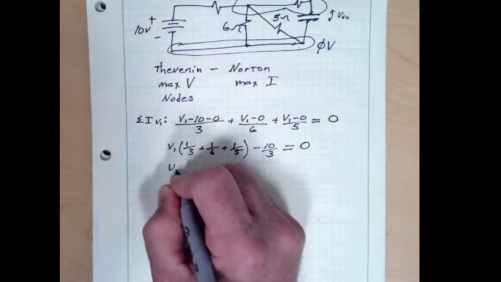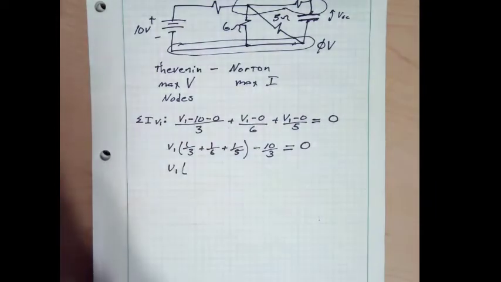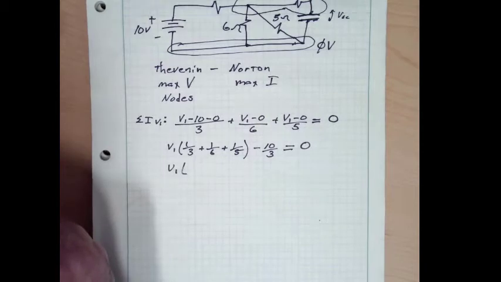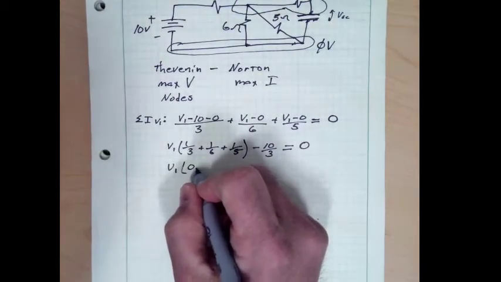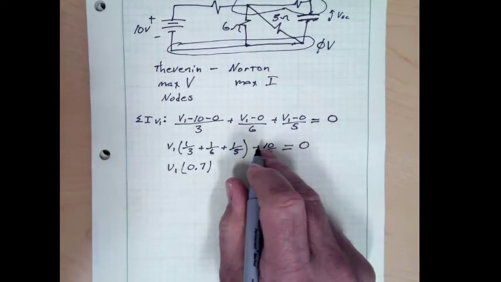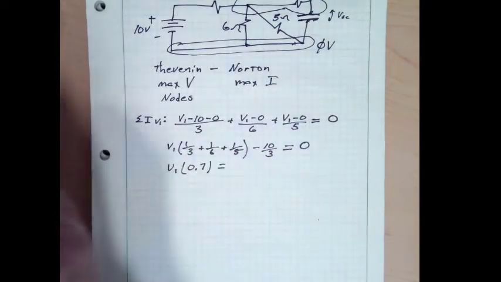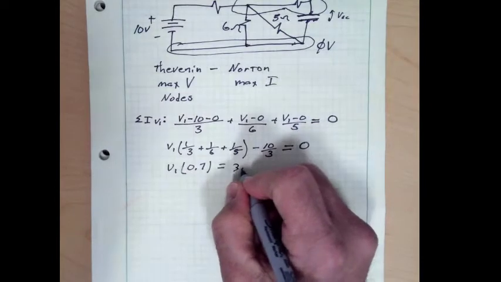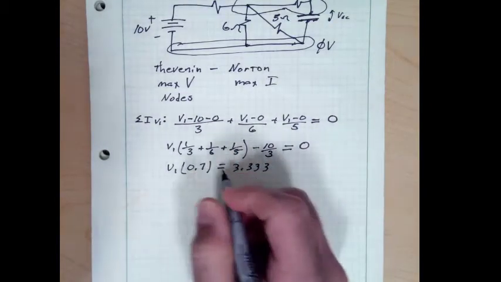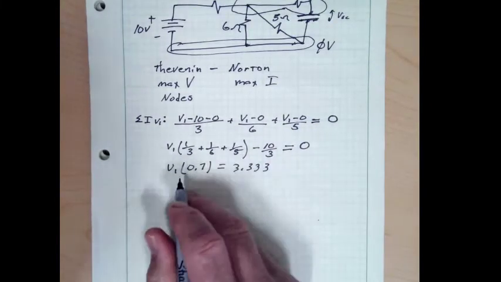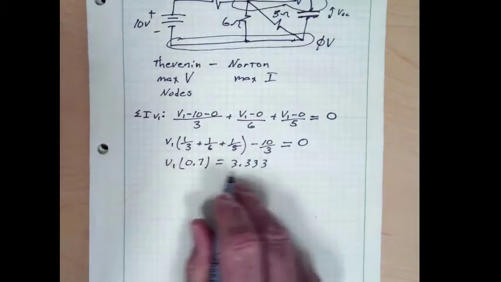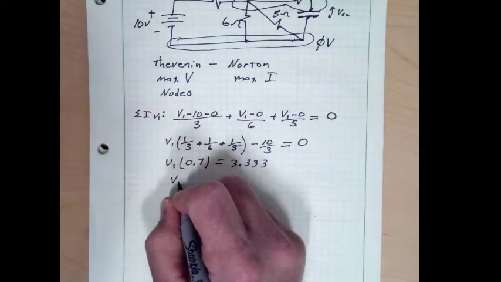And so we get a V1 here. And let me get my calculator fired up. And that's 0.7. Go ahead and pull this to the other side, and that becomes a positive 10/3, which is about 3.333. And so we don't need to set up a matrix for this, just one simple equation with one unknown.